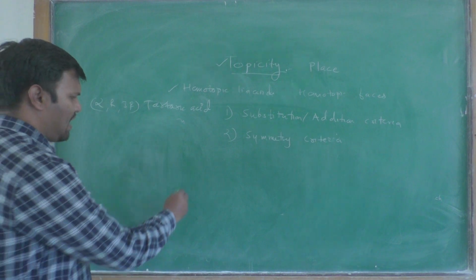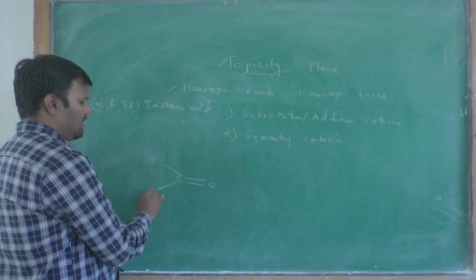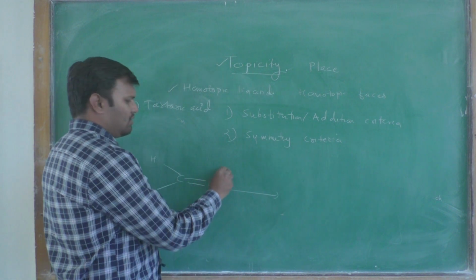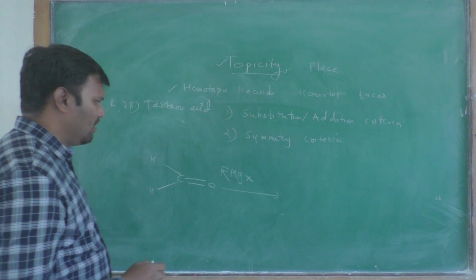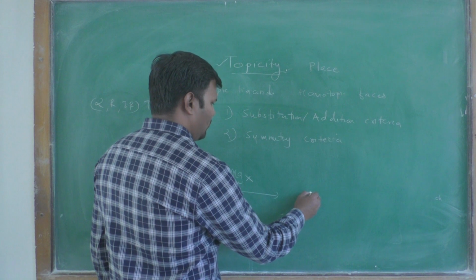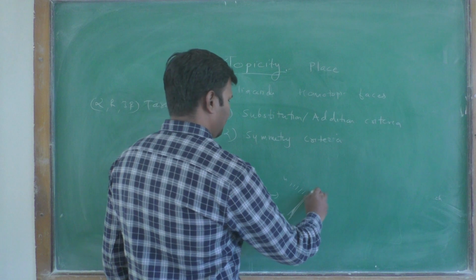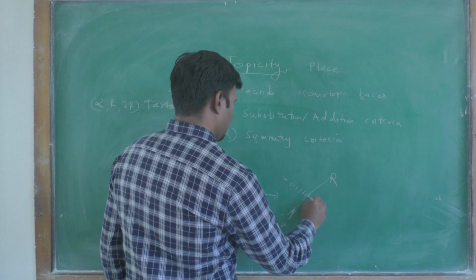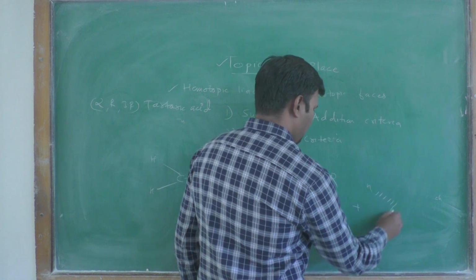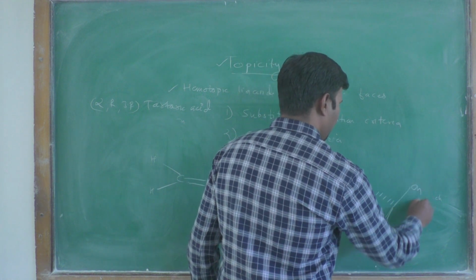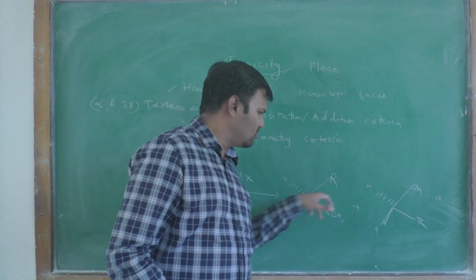Suppose we have formaldehyde and you add RMgX, a Grignard reagent. When you add the RMgX to this electrophilic carbon atom, this center is not a stereogenic center.